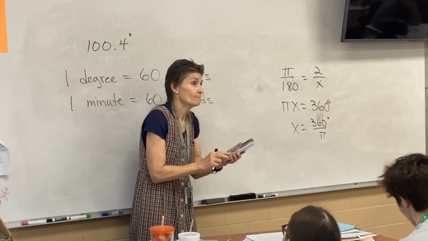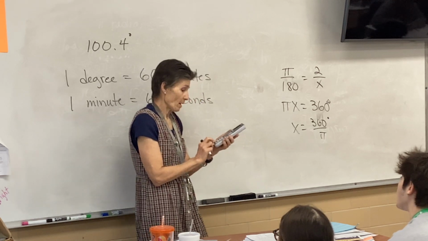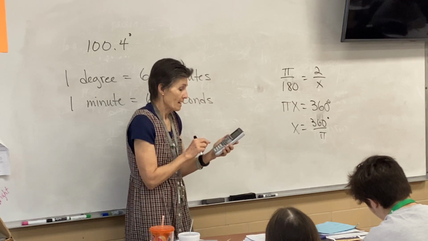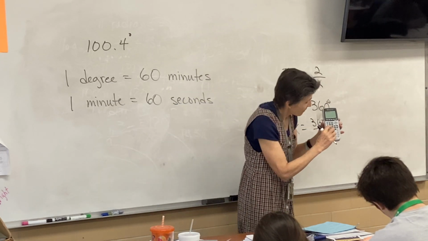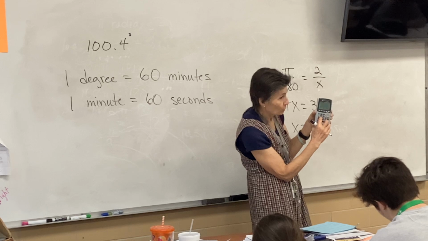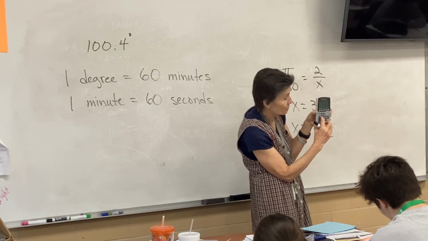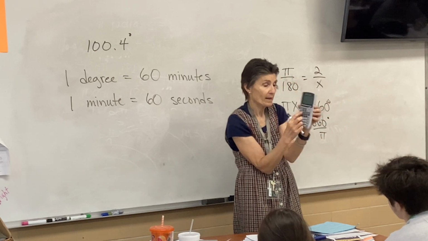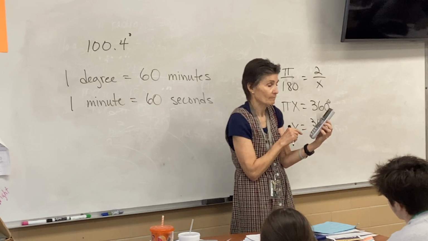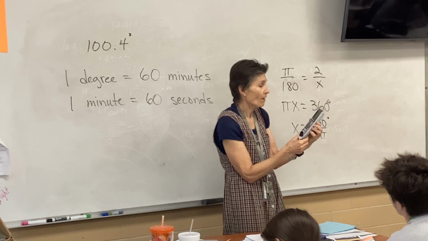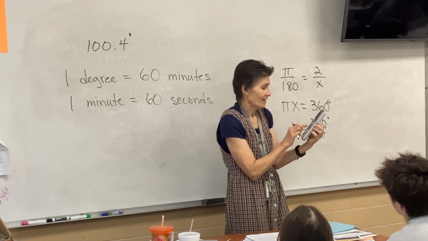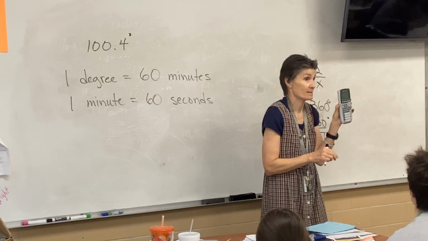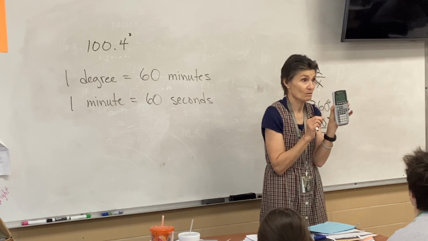So here's what I want you to do. I want you to type 100.4. And then I need you to find the angle button. It's a blue, so we're gonna need a second. It's a blue, and it's right here where my fingernail is. You see where it says angle on your calculator? Okay, so press second angle. And then go down to where it says DMS. Guess what DMS stands for?